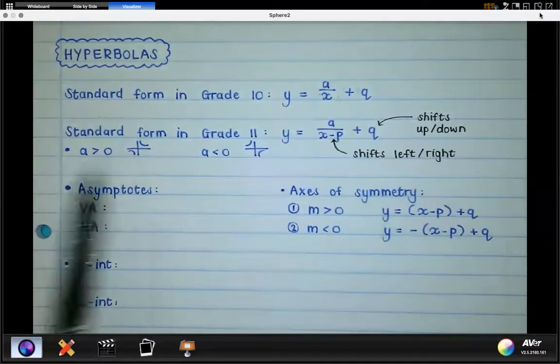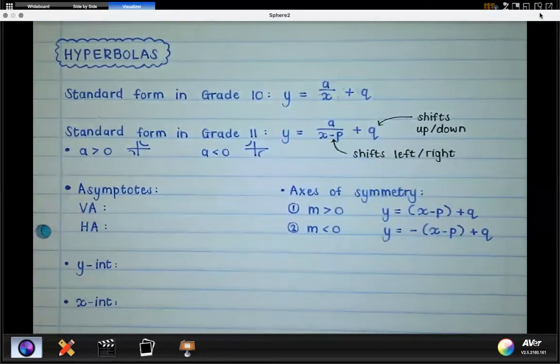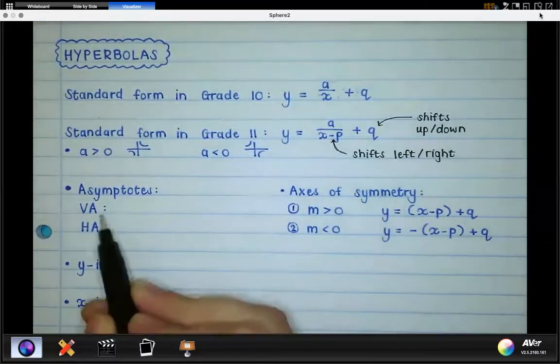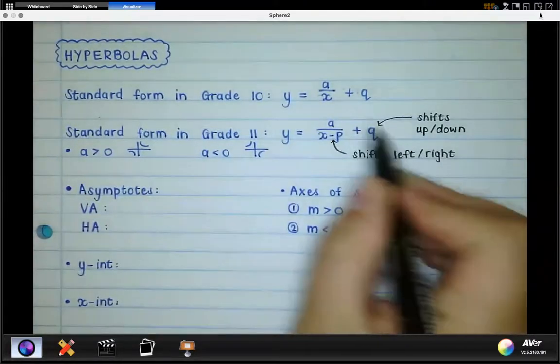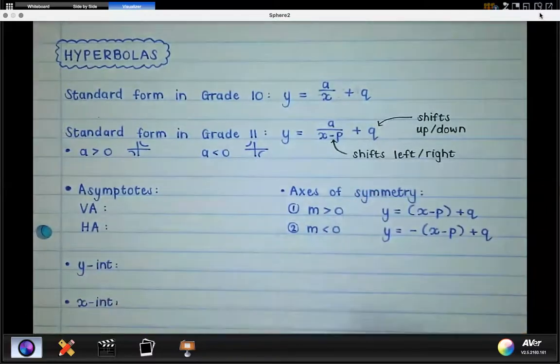Now when we are drawing a hyperbola, there are various things that we need to find. The first thing is your asymptotes. With hyperbolas in grade 10, you only had one type of asymptote, and that was the q asymptote, your y asymptote, your horizontal asymptote.